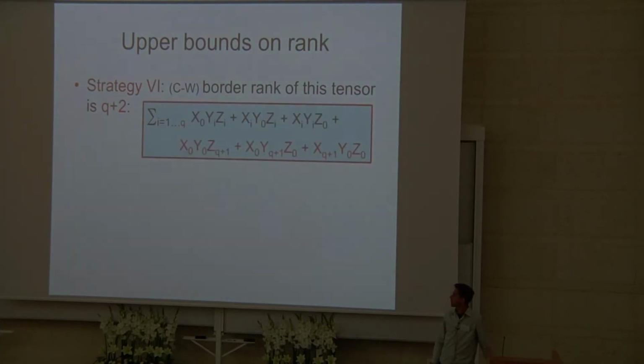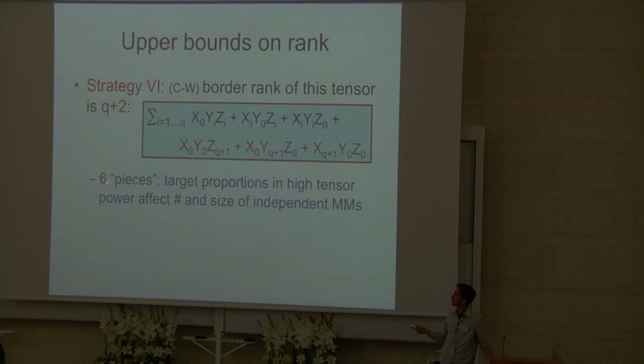And then strategy 6 is to take that tensor and add a few extra terms. There are 3 extra terms here in red. Again, I don't expect you to visualize this tensor, but I just want to give an idea of what happened in Coppersmith-Winograd and what followed. This still has border rank q plus 2, so these 3 extra terms come for free, essentially, and they allow you to squeeze a little bit extra out of this.